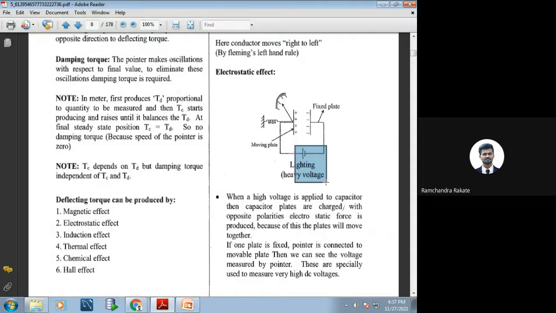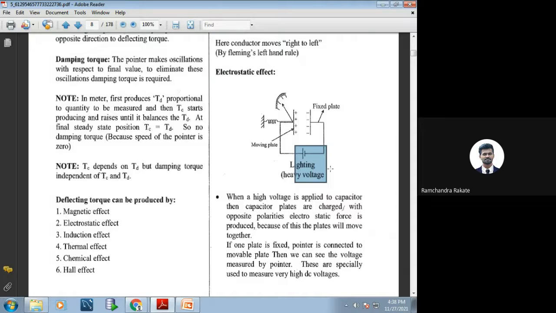Suppose one plate is fixed, and another plate is the moving plate. So when a high voltage is applied to the capacitor, the plates get charged with opposite polarities, and we use the electrostatic force.